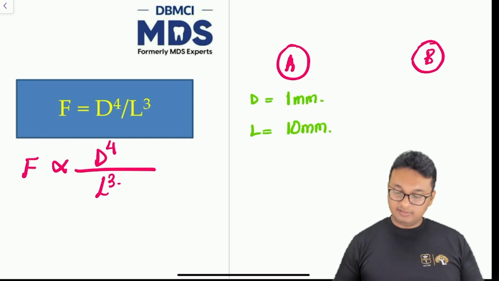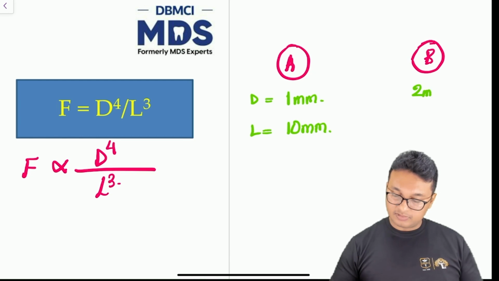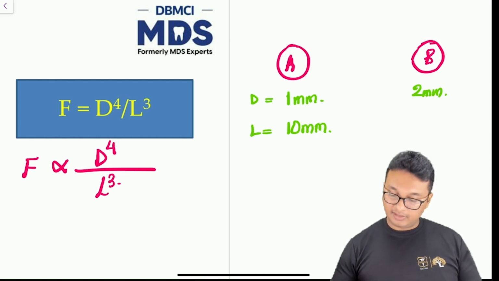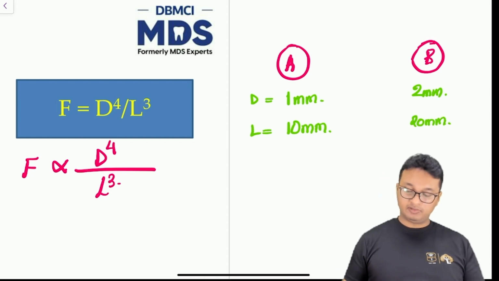And the second wire, the diameter is increased, it is doubled. The diameter becomes 2 millimeters and length is also doubled. Let's say it doubles to 20 millimeters. Now let's see what will be the impact on the force values.